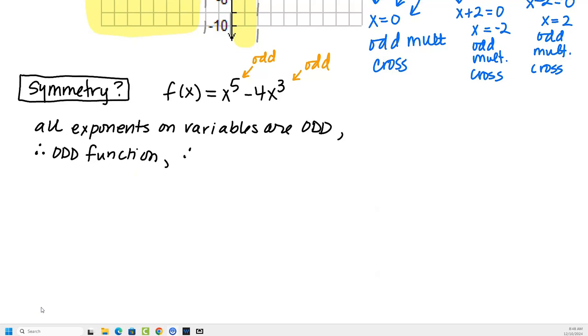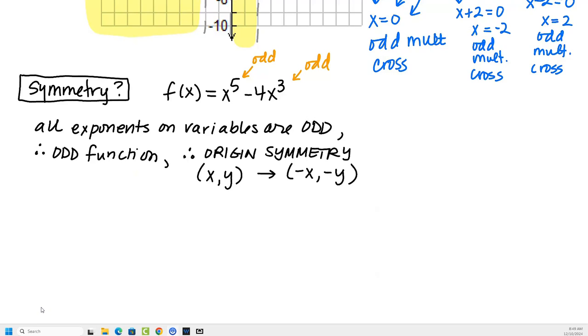Okay, and then therefore, if it's an odd function, we know that it's going to be origin symmetry. Remember, origin symmetry says for every point x, y, you have a matching point, negative x, negative y. So I've got to find extra points.